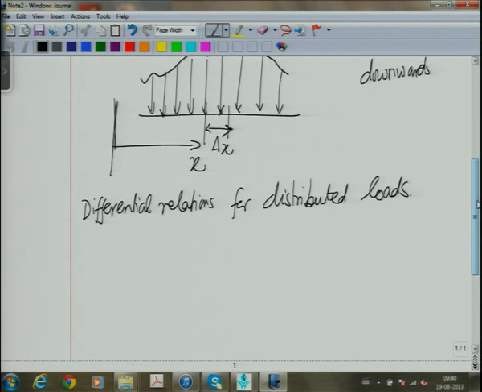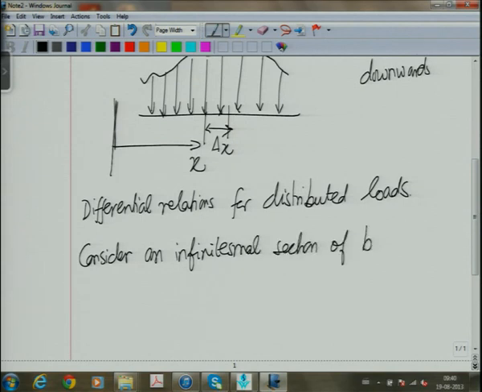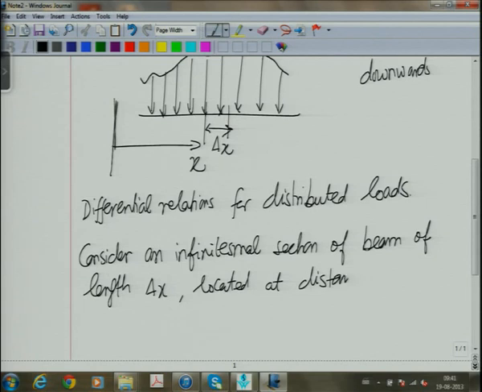So we consider an infinitesimal section of beam of length delta x located at the distance x.